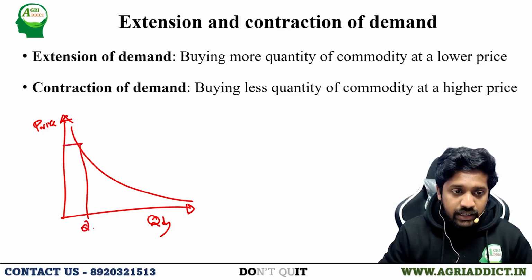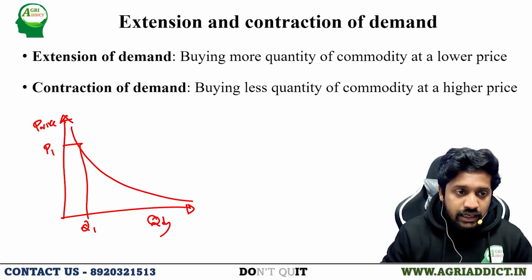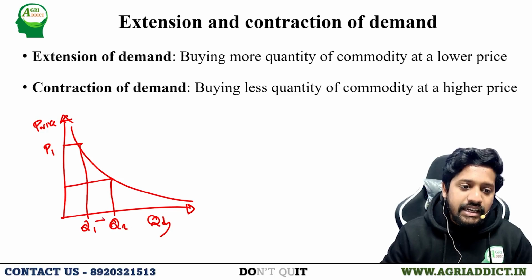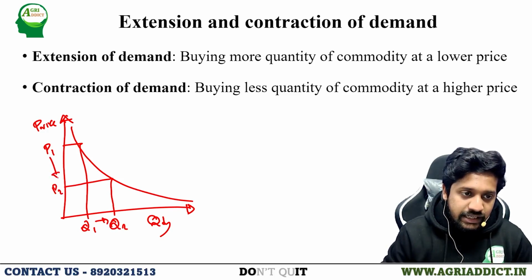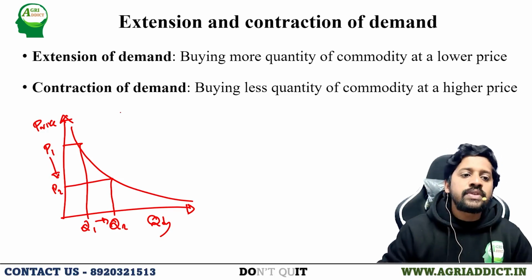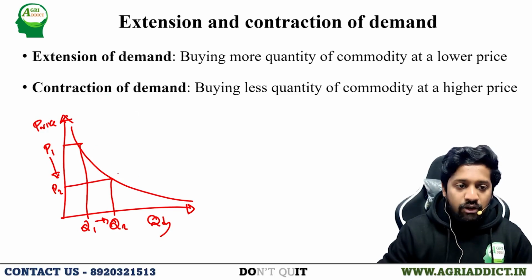At P1 price, Q1 is demanded. If the price is decreasing, quantity is increased from Q1 to Q2, right? Here what happened? When price is decreased from P1 to P2, quantity is increased from Q1 to Q2. So this is the law of demand, and it is a downward sloping curve.